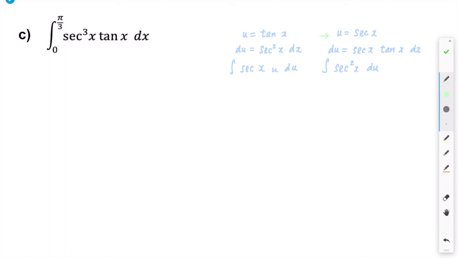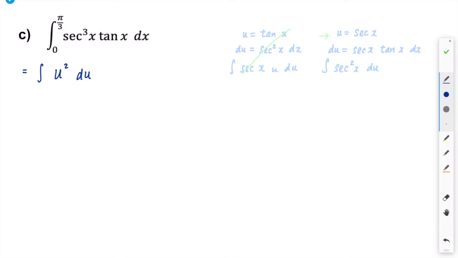That means this is a more useful substitution for us than letting u equal tan x. Okay, so let's write this out properly. If I let u be secant x, I will end up with the expression u squared du. I'm very confident that this is an easy integration now.